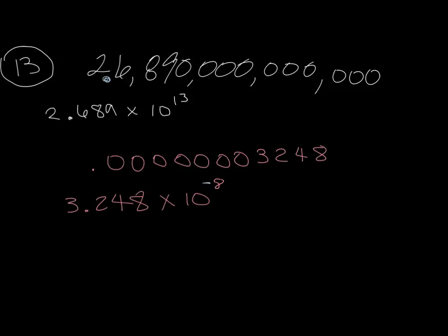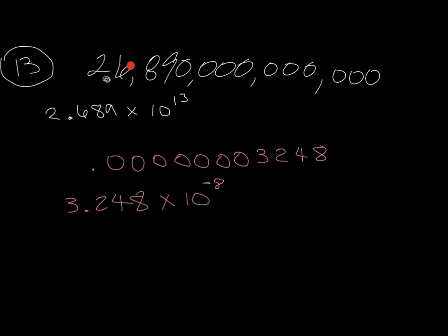Alright, so whenever we're looking at numbers, actually if we're converting a number to scientific notation, you follow those rules, but another way to look at it is if the number we're doing is bigger than 1, which this is. This is trillion, 26,890,000,000.